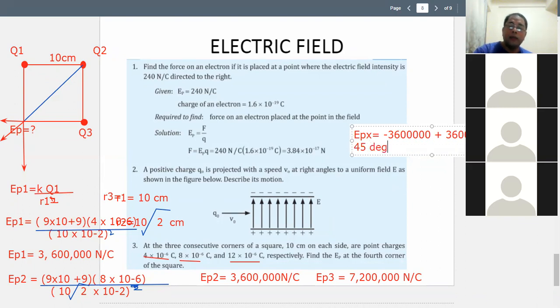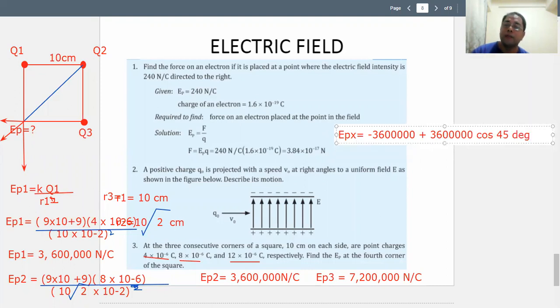The 45 degrees is because our E sub p number 2 is diagonal, so there is an angle on that force. And then our value, which we will call EPY, or the vertical component, is again due to EP3.